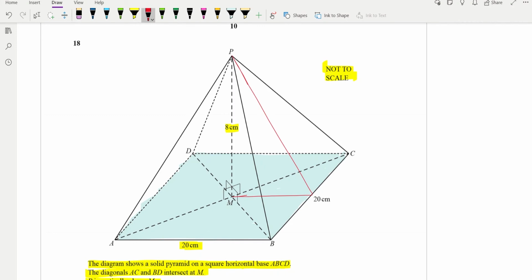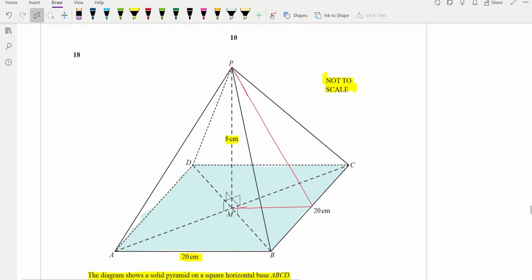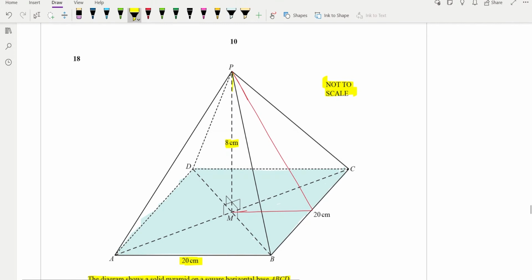And now the triangle which I'm considering, I will highlight and you will understand which triangle I'm talking about. So we are considering this triangle, and hopefully you are understanding properly.